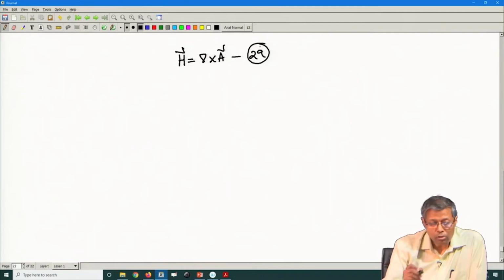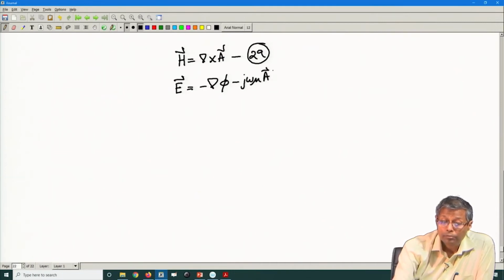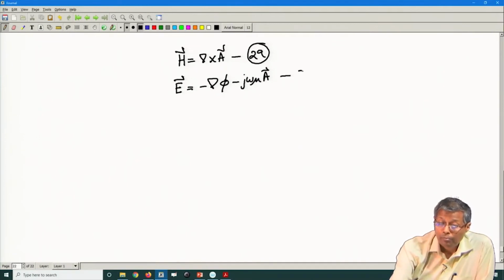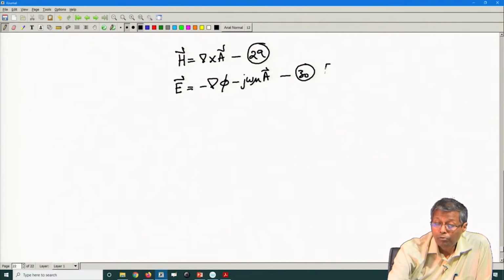The value of E is also calculated, because E is given by minus grad of phi minus j omega mu A. This we noted from 22.